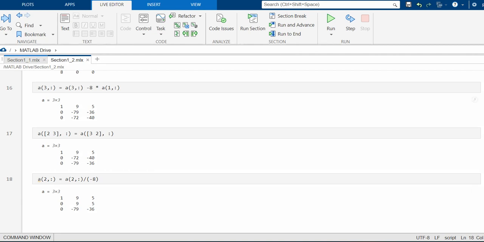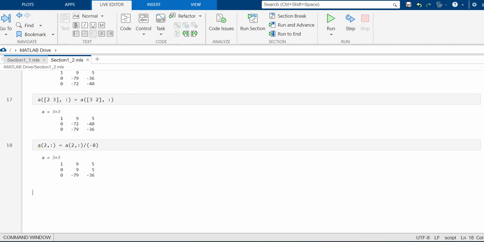REF, all I have to do is get a 0 below this 9. Why? Well, because then my pivots will be 1 and 9, and then whatever this turns into, right? And I'll have my REF form that I'm looking for. But how am I going to take that 79 and turn it to a 0? Holy smokes.